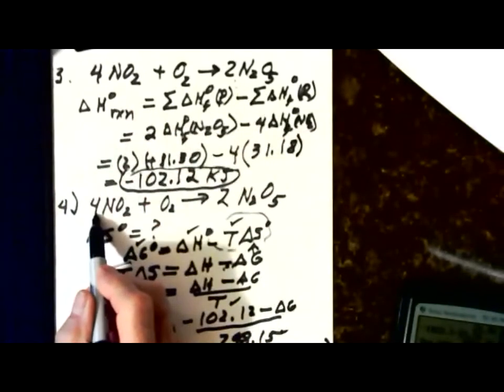So I've confirmed that, and that is correct. There are 4 NO2s, so it's product minus reactants, minus 4. That's correct. And the value is 51.31.